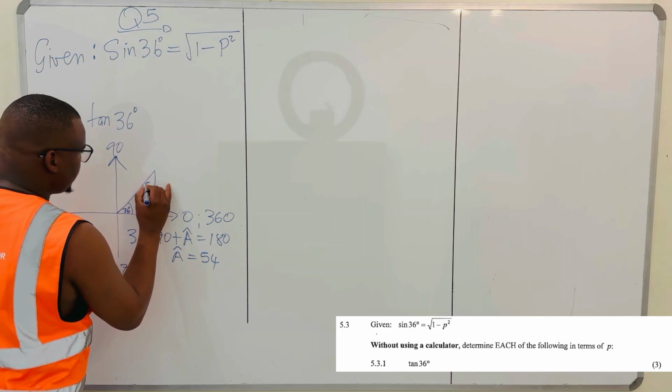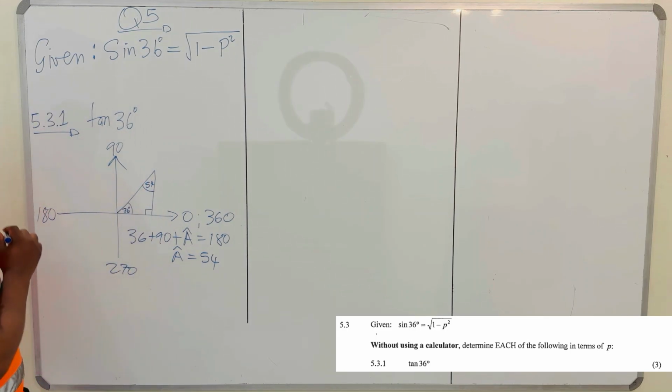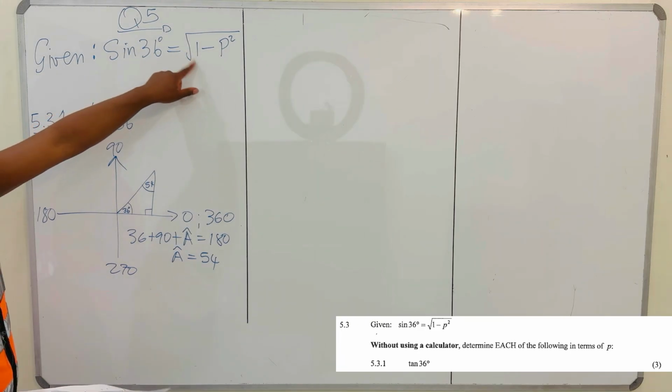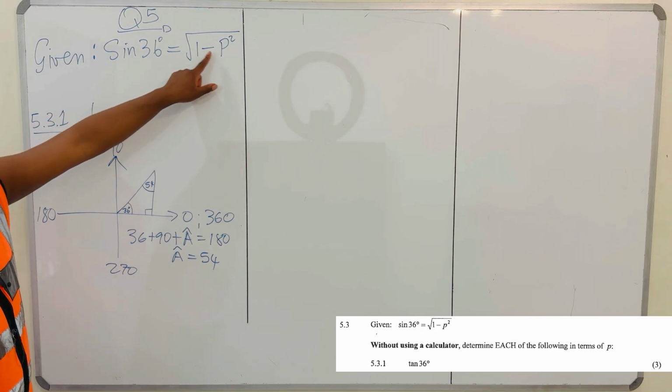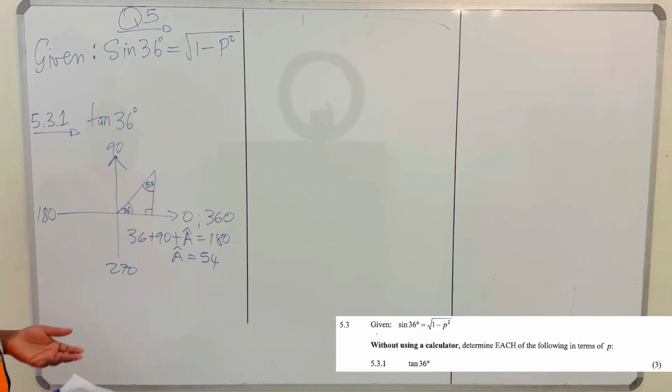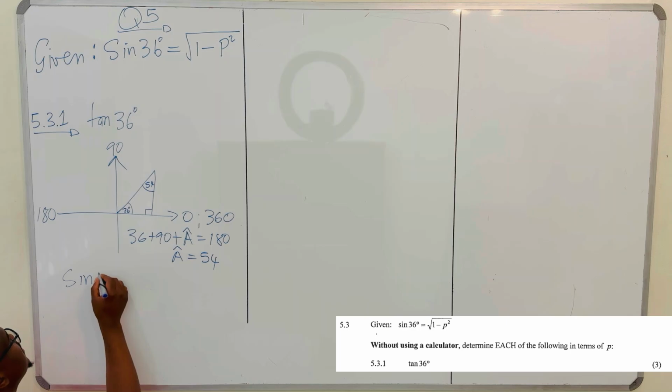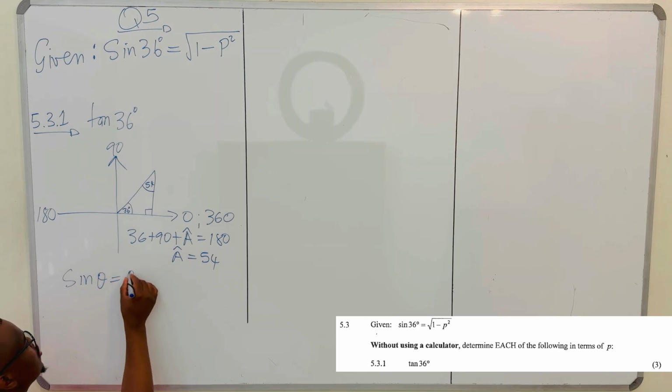So here you have 54. Not a problem. Then you have that sine 36 is equal to the square root of 1 minus p squared, right? You know that the trig ratio for sine theta is opposite over the hypotenuse side.